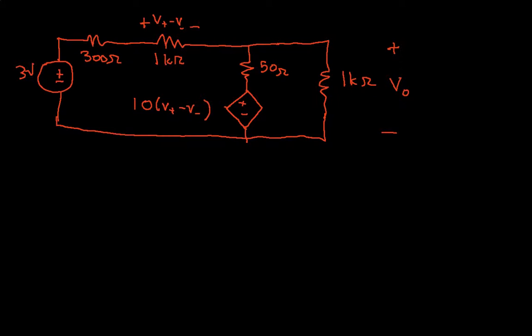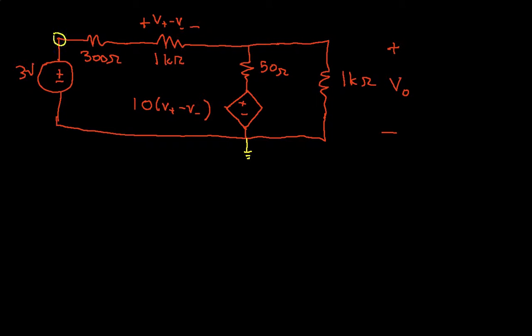And so what we'd like to do is find the output voltage Vout in terms of our input voltage, 3 volts. And it looks like probably the easiest way to do this will be to use nodal analysis. So the first thing we need to do is define a reference node. We'll use the ground node that we used in setting up the circuit.